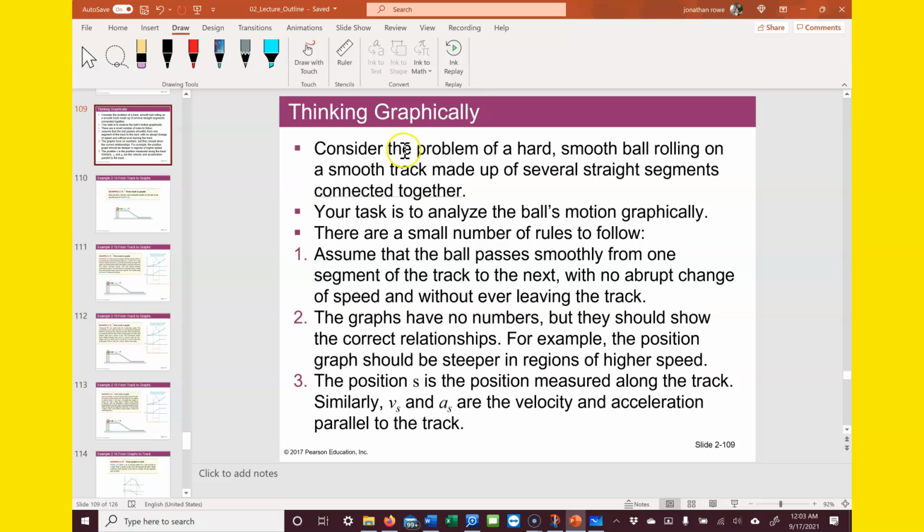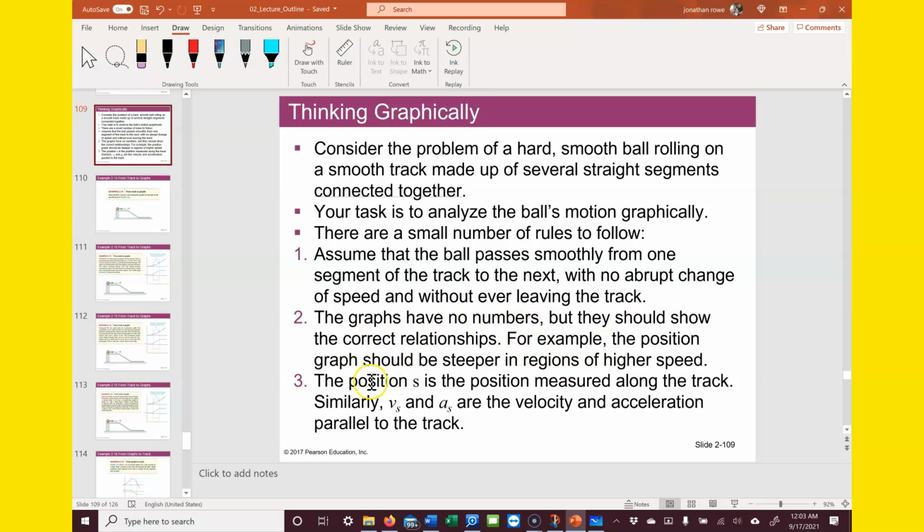Thinking graphically. Consider the problem of a hard, smooth ball rolling along a smooth track made up of several straight segments connected together. Your task is to analyze the ball's motion graphically. There are a small number of rules to follow. Assume that the ball passes smoothly from one segment of the track to the next with no abrupt change of speed and without ever leaving the track. The graphs have no numbers, but they should show the correct relationships.